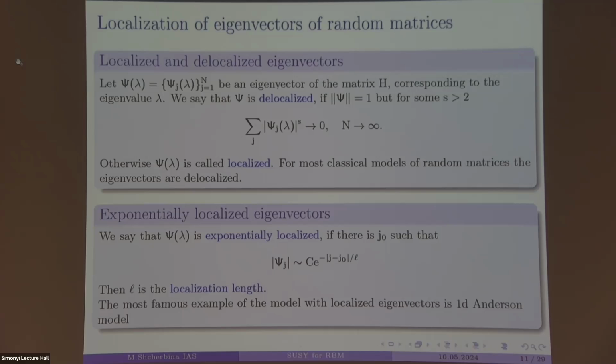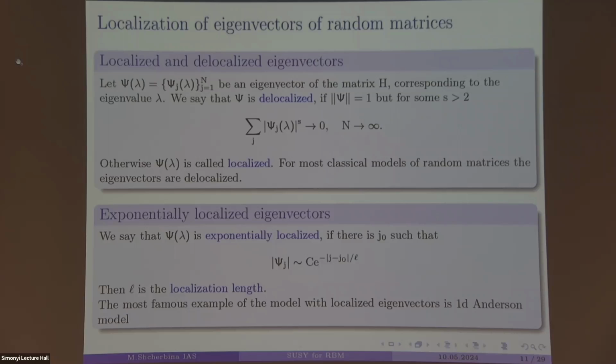Normally we study only eigenvalue distribution, but in the last maybe 15 years, people became interested in the behavior of eigenvectors, at least in random matrix theory. In the theory of random operators it was much earlier, but in random matrix theory the story starts maybe 15 years ago.